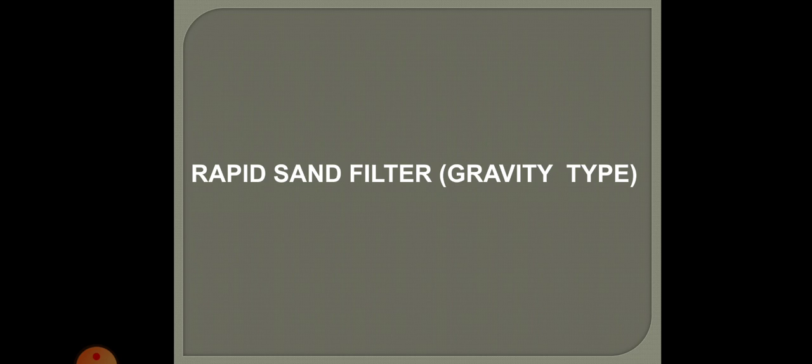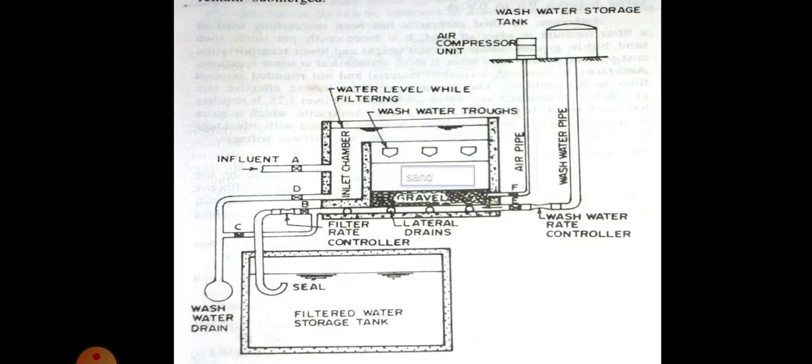And in the pressure type rapid filter, the water is allowed to filter under pressure. Also, the rapid sand gravity filters are most commonly used in water supply projects. Now moving on to the various parts of a rapid sand filter.